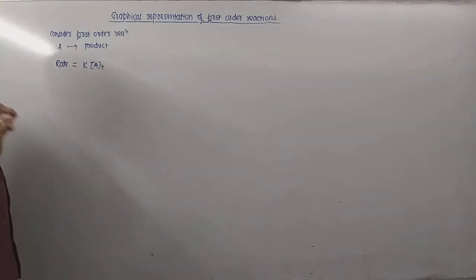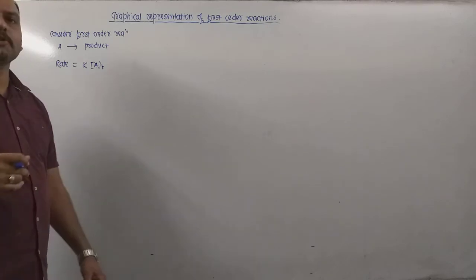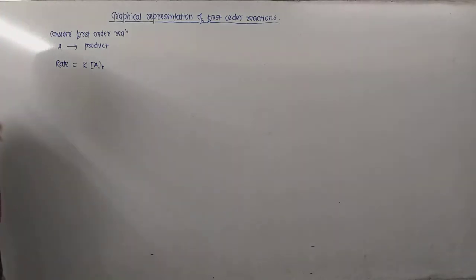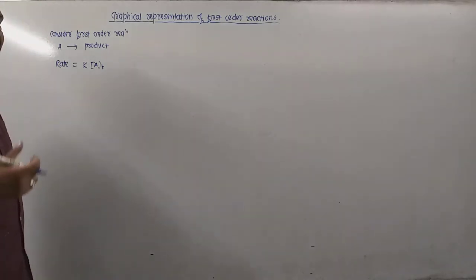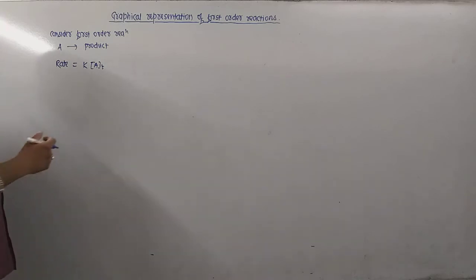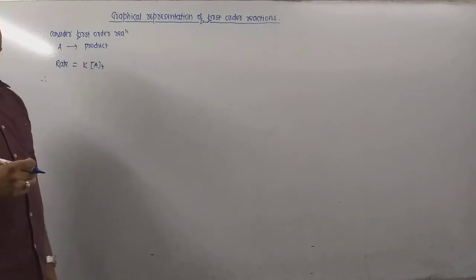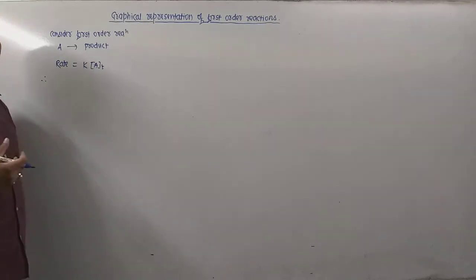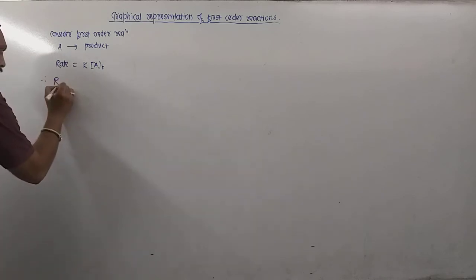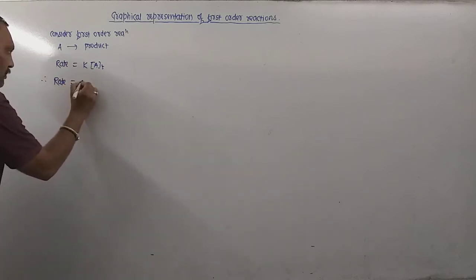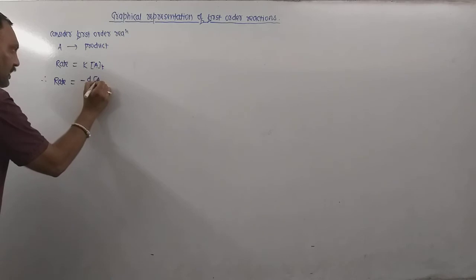Now remember, concentration of A at time t is the concentration of reactant which remained unreacted after a time interval of t. Now again consider, d[A] is the decrease in concentration of reactant in time interval dt. Thus the instantaneous rate can be given as minus d[A] by dt.